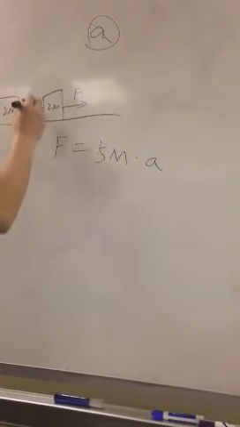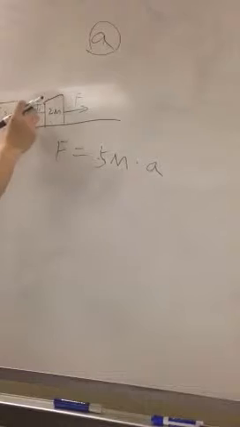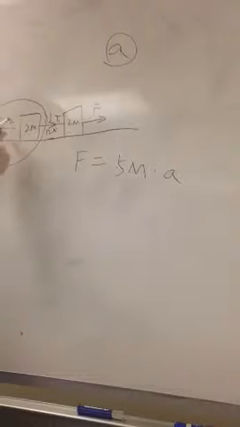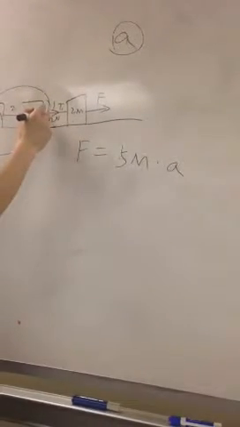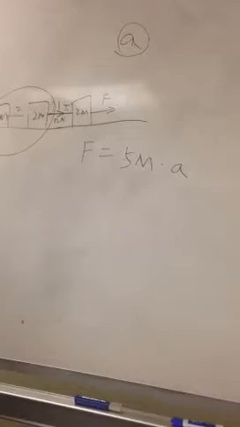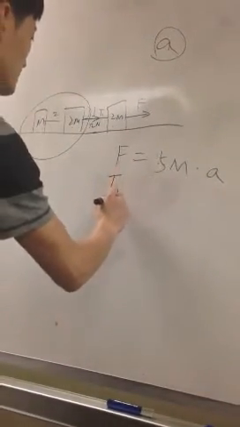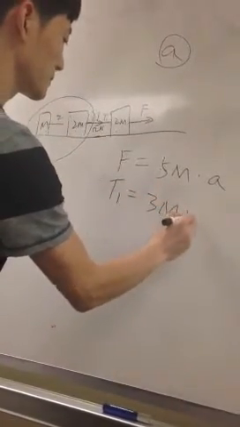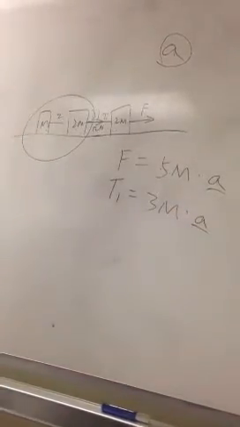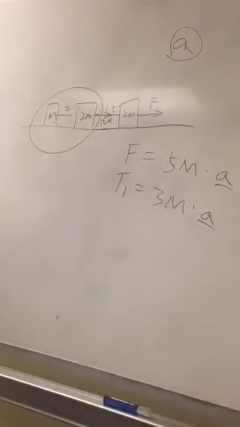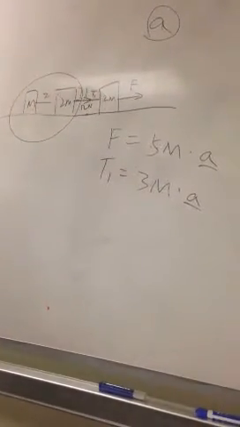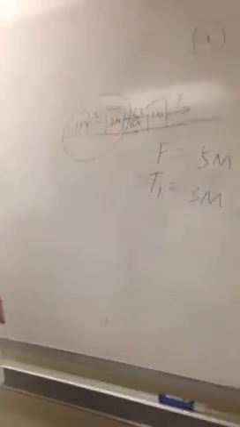They tell you the tension 1, this force actually is only pulling these two objects, so this is 3M A. But they have the same acceleration because they are linked together. If this guy has 2 meter per second squared, this guy should have the same thing.